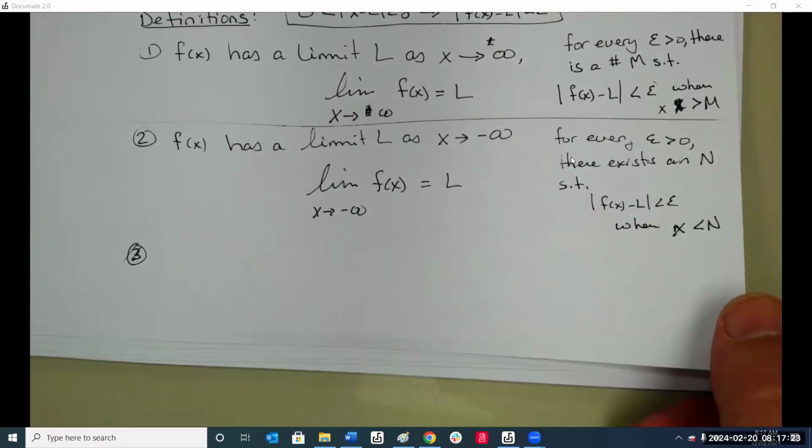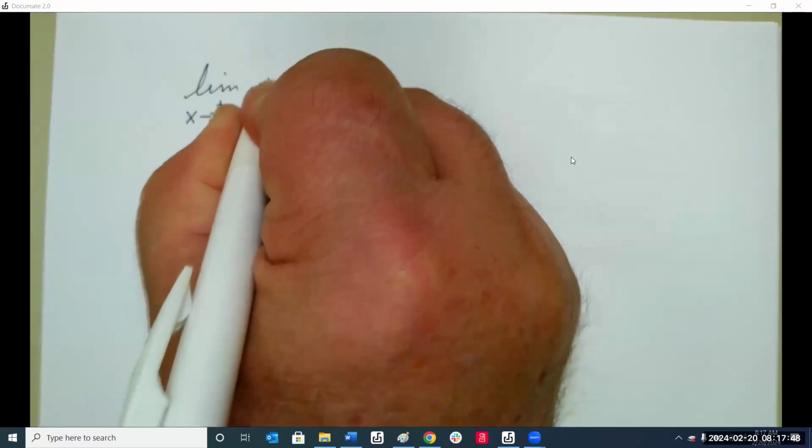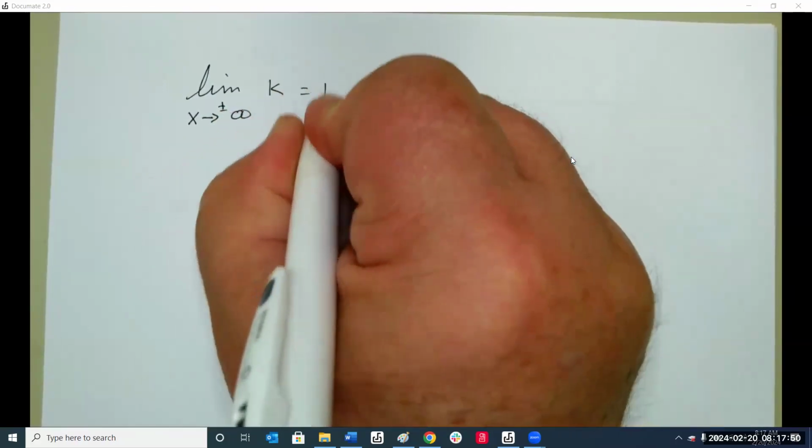What's the limit of a constant function? The constant. We know the limit as x approaches infinity, either positive or negative, doesn't matter which, of a constant function equals that constant.